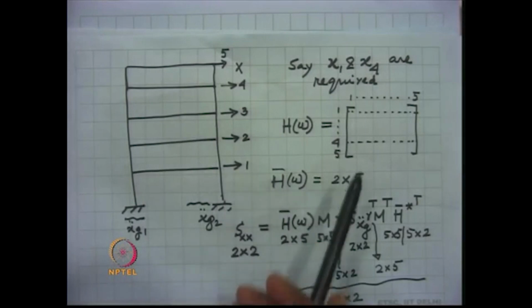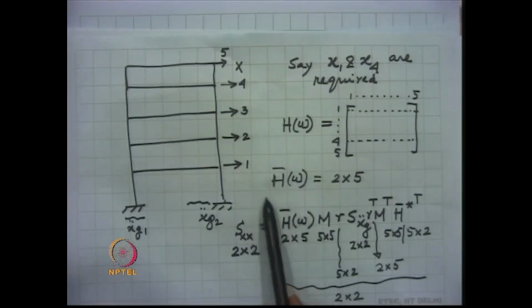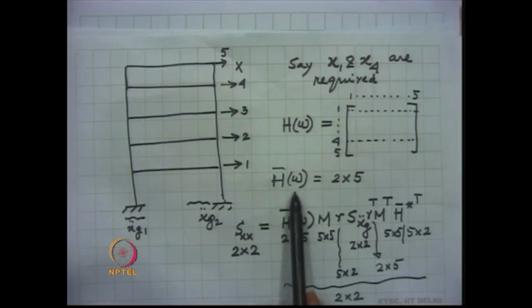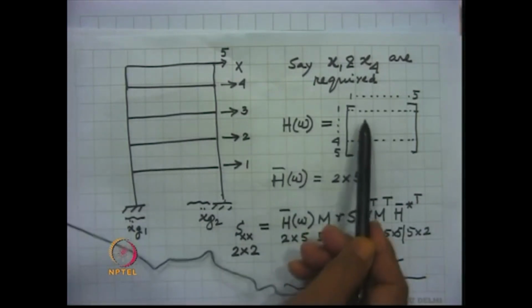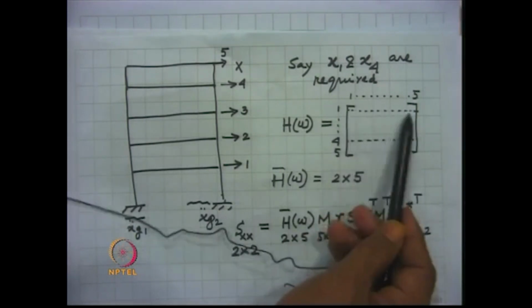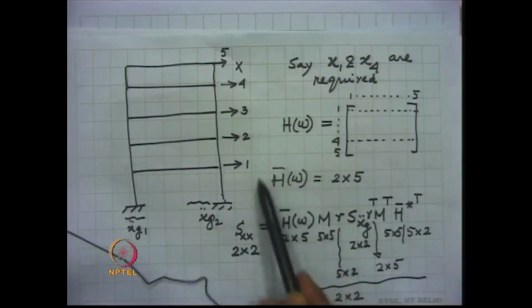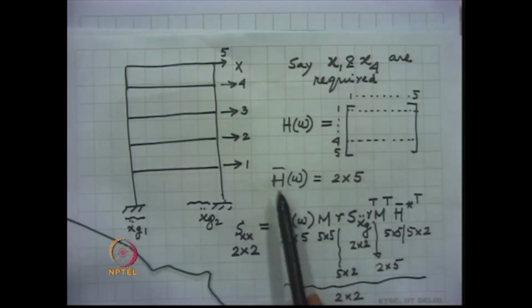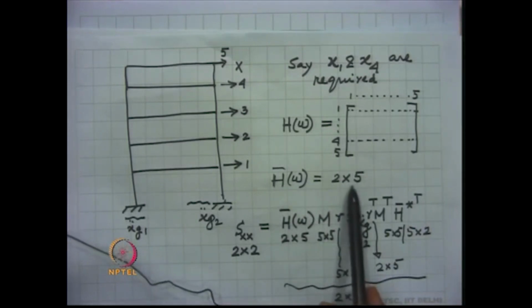In that case, we can have a reduced frequency response function matrix, called H bar omega, of size 2 by 5. That is, we select the first row and the fourth row and make a modified H omega matrix called the H bar omega matrix, of size 2 into 5.